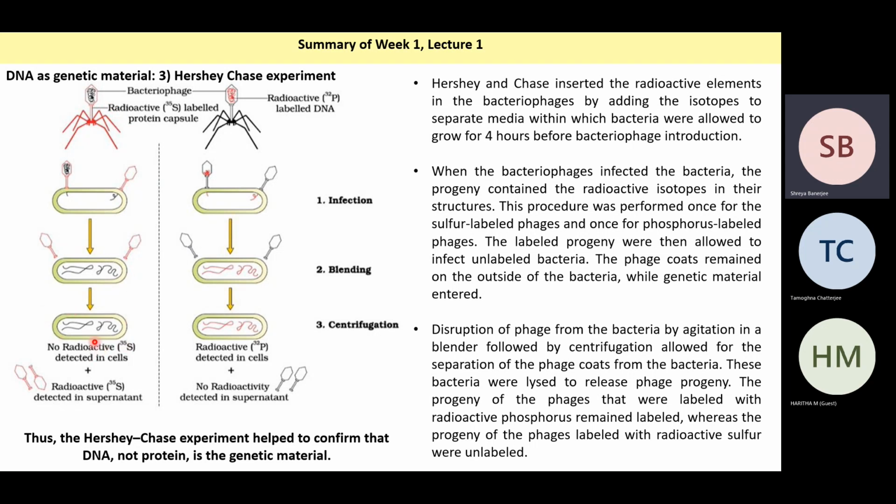So the protein is not passing into the cell. But the DNA that is labeled with 32 phosphorus, that is passing into the cell and causing the disease to the bacteria. So the Hershey-Chase experiment confirmed that it is DNA, not the protein, that is the genetic material, because the radioactive protein was not found inside the cell, but the radioactive DNA was found inside the cell.